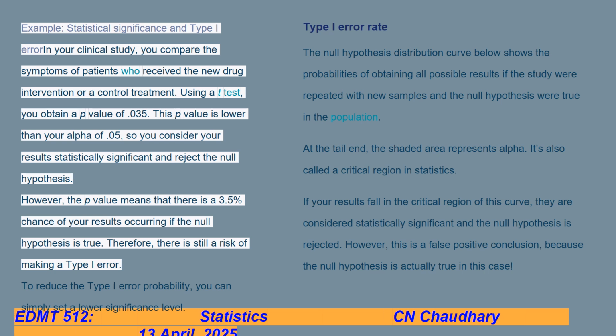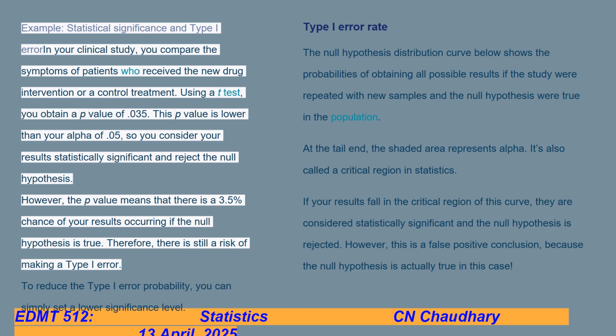This p-value is lower than our alpha of 0.05, so we consider our results statistically significant and reject the null hypothesis. However, the p-value means that there is a 3.5% chance of our result occurring if the null hypothesis is true. Therefore, there is still a risk of making a type 1 error.